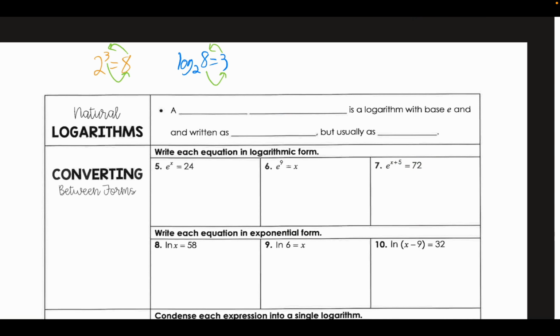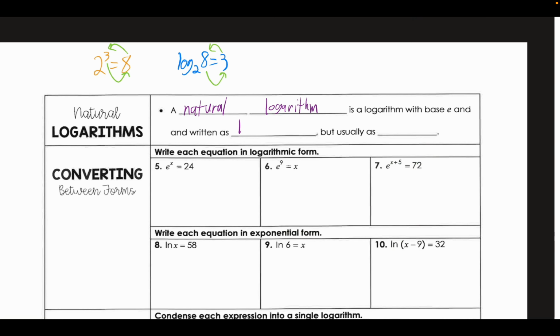So we can also have a logarithm where the base is e instead of the base being 2 or whatever number we had. And when we do that, we call this the natural logarithm. It's called the natural logarithm when it has base e.